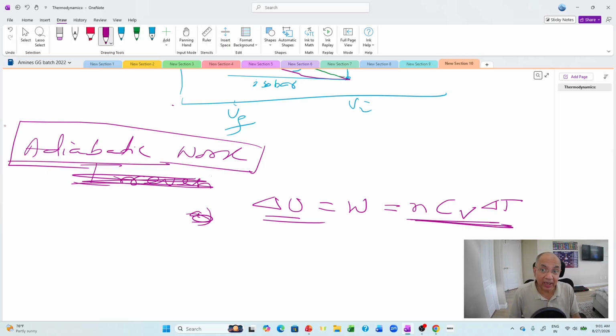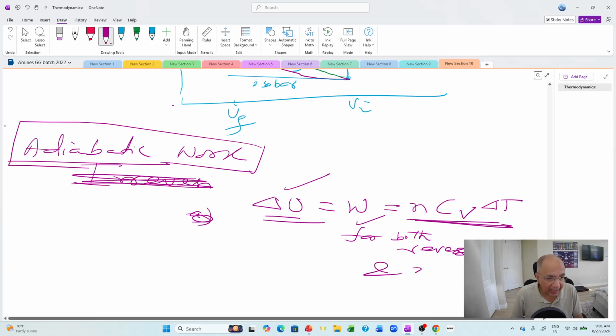Today the climax is coming. If del T is known, then del U is W, which is equal to nCv dT for both reversible and irreversible.